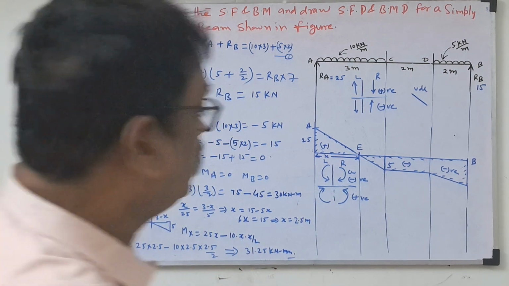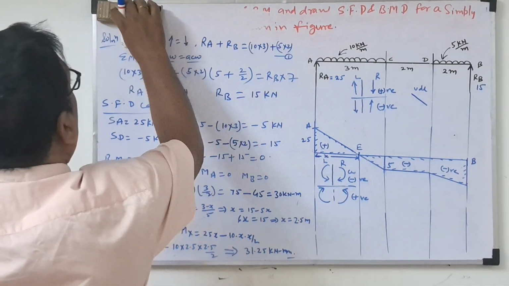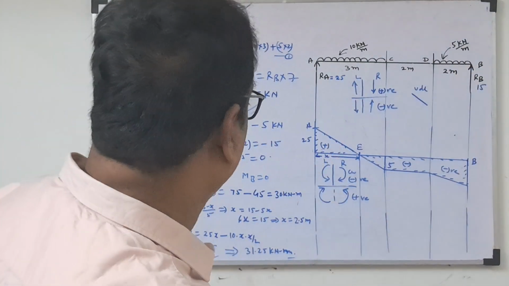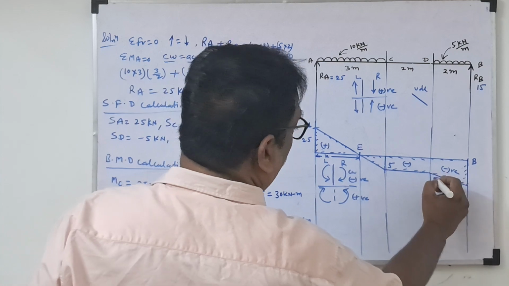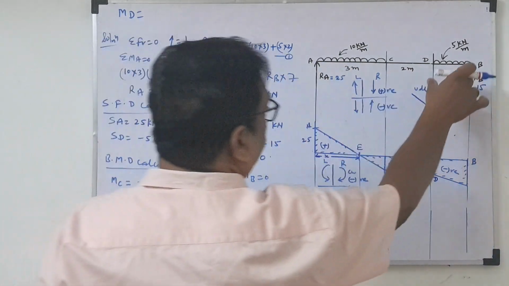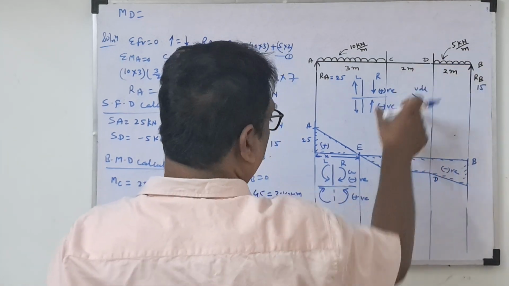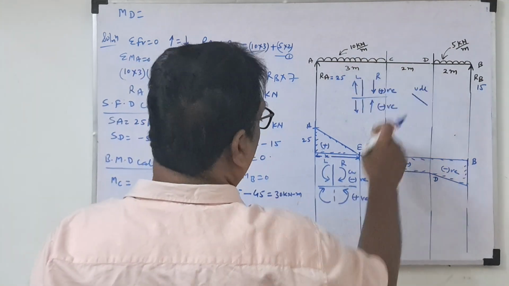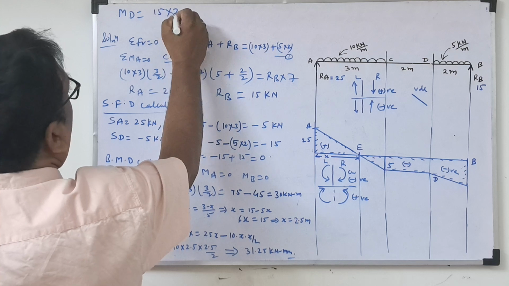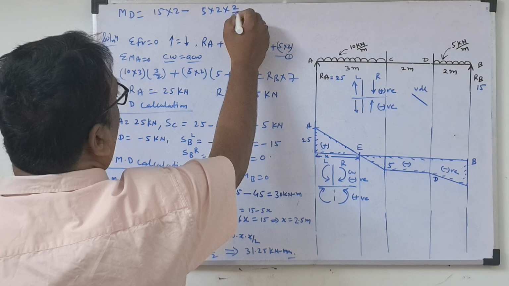Now we will see here the bending moment at MD, this point, how much is coming. So MD is equal to, if you see from the right side, because the left side will take long calculation, so here only RB: 15 into 2 minus 5 into 2 into 2 by 2.